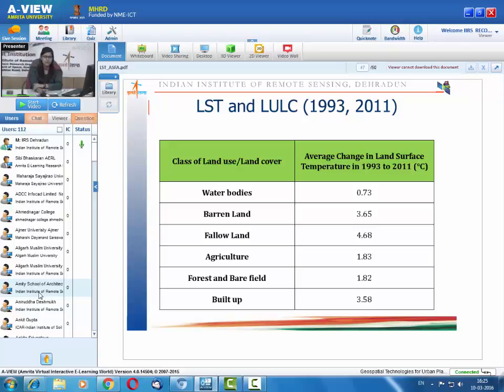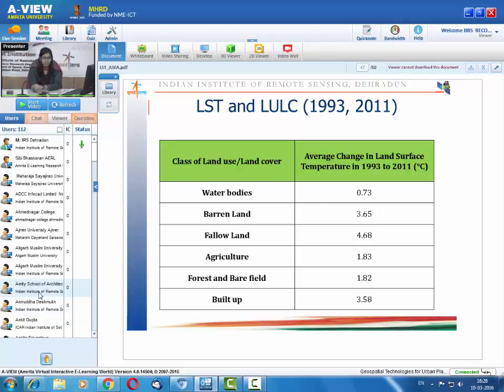So we tried to analyze and see the change in the land surface temperature from 1993 to 2011, and we could see that in fallow land the average change is very high, 4.68 degrees Celsius. In built up it is very high, 3.58 degrees Celsius. In barren land also it is very high, 3.65 degrees Celsius.